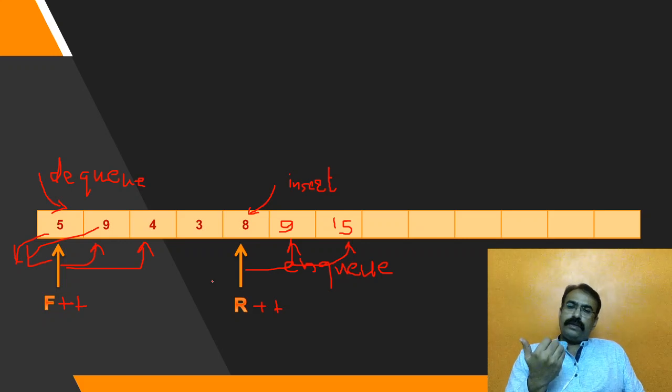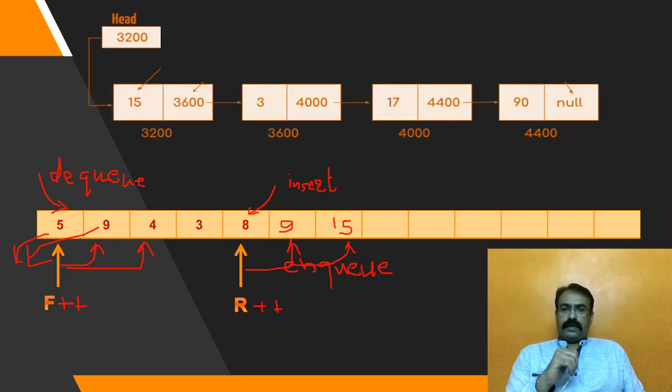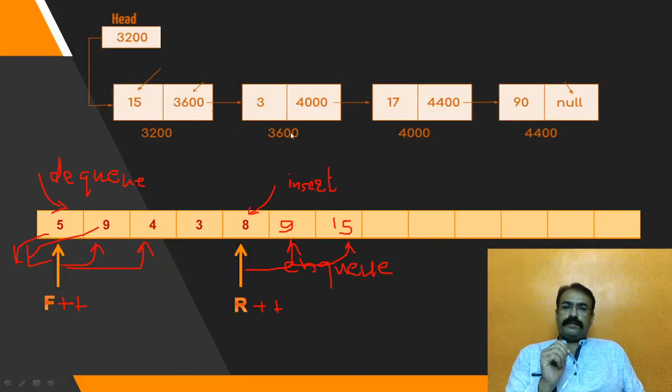Now we'll see how it is possible using a linked list. It's very simple. As we did with the stack, here we can say that adding an element, or the enqueue operation, is equivalent to add at end, or insert at end, in the linked list.